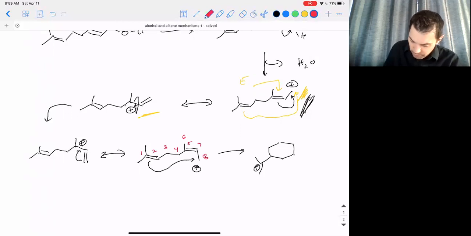So let me just number here. So I've got 1, 2, 3, 4, 5. So that means I need to have my 6 carbon coming off of there. And I'm going to need my 5, 7 double bond. 7, 8. So I think that's all okay.